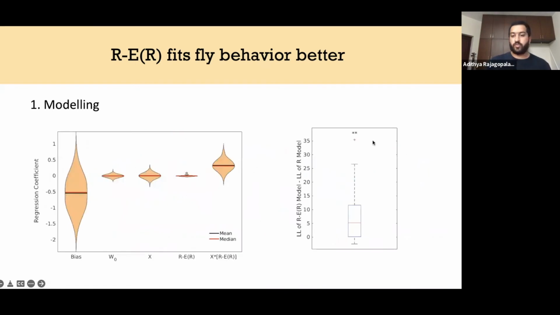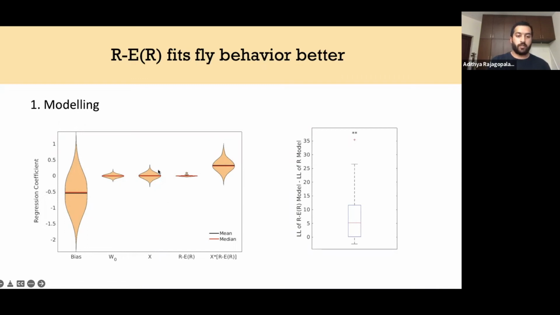And so this is just further clarity and controls of what we saw from the model, where the terms associated with the initial weight, the choice alone, so the animal's stimulus history alone or the reward history alone had mostly a 0 regression coefficient.